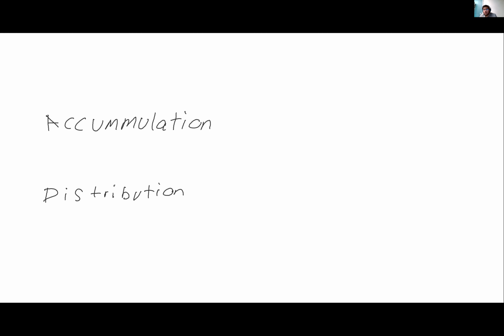For lack of a better word, we're going to name these by the direction they're going to go into. Accumulation is normally known for its bullish movement after it. It's going to characterize a bullish expansion.